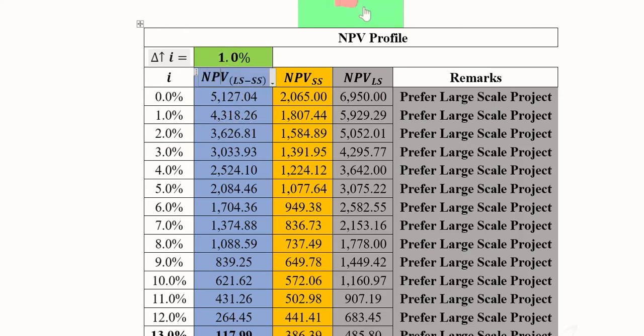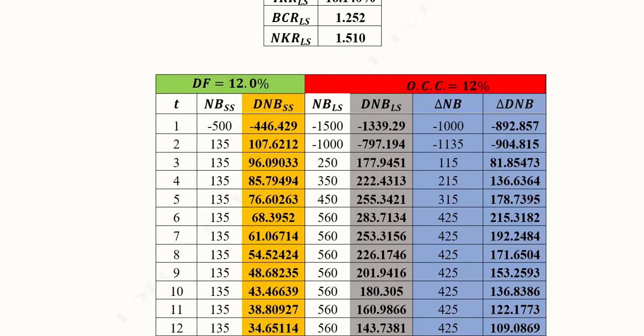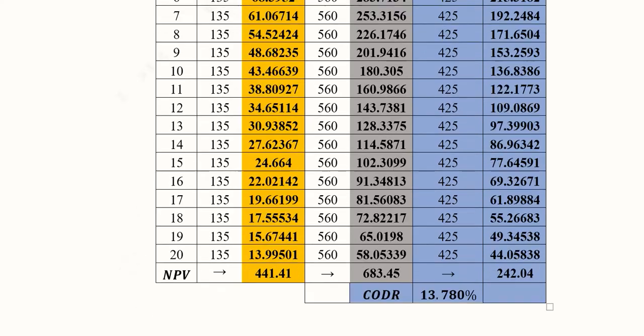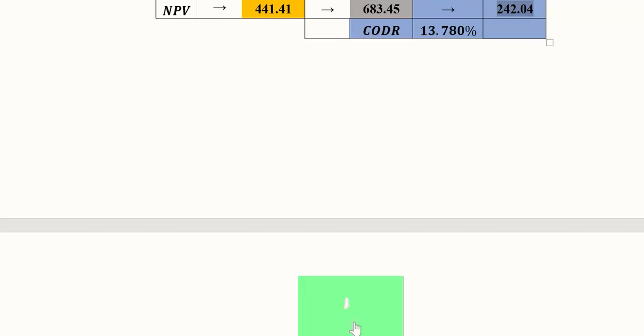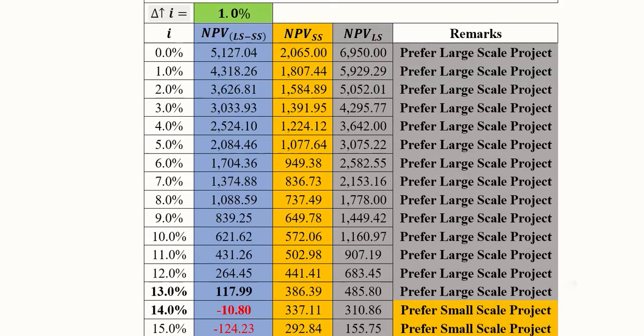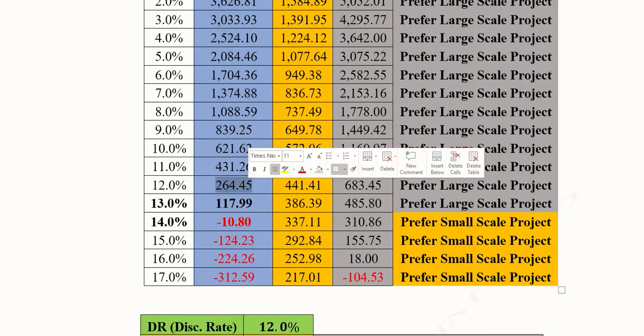So we are talking about the background of this NPV, that this column, the net benefits, is the column on the basis of which the NPVs will be calculated, and we have mentioned various possibilities of those NPVs. Now this is the NPV that we calculated over there at 12%.